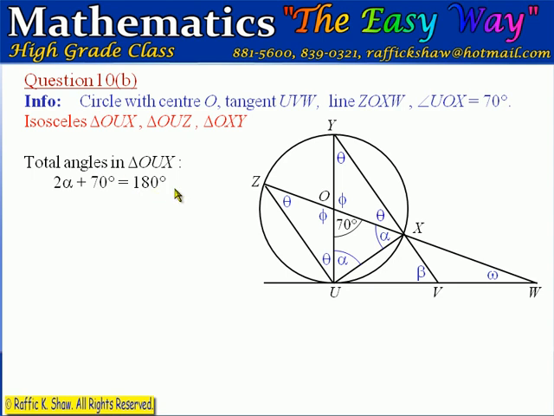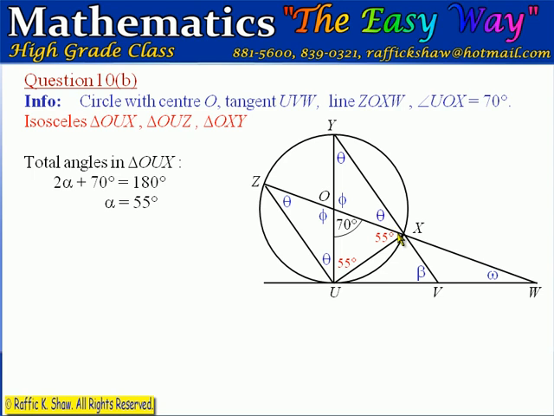We would get 110 and then divide by 2. So alpha is 110 divided by 2, that's 55 degrees, and so these two base angles in this triangle are each 55 degrees. So let's go ahead and show that. And that's it. Those two angles are 55 degrees each.